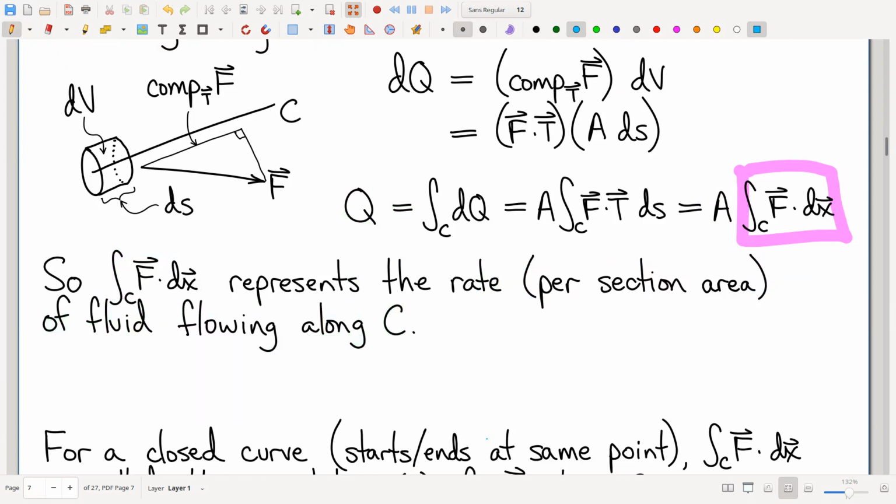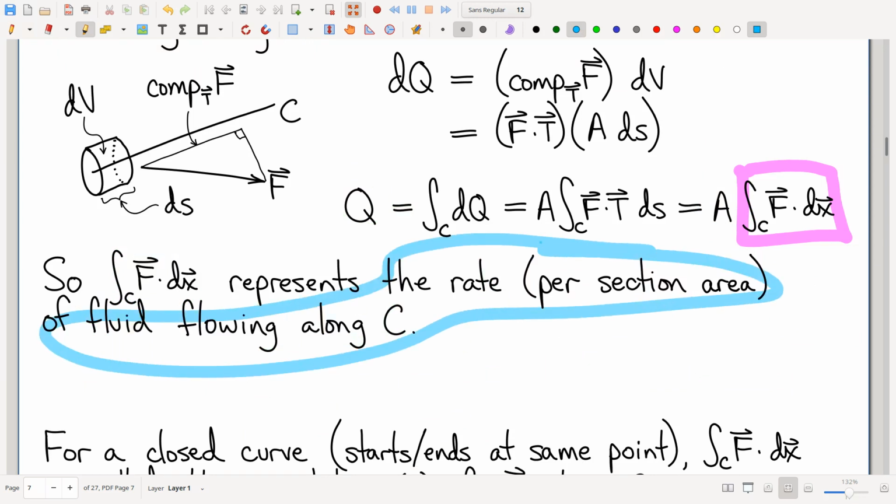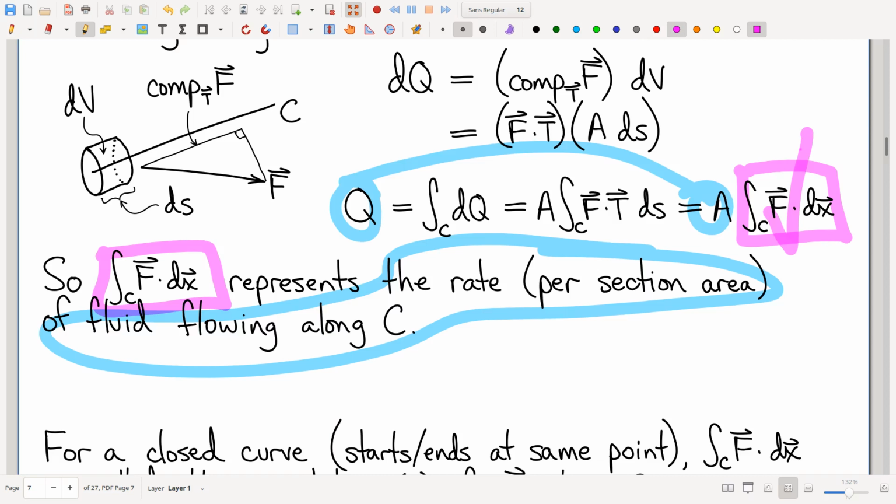We should instead be interested in flow rate per unit area. And flow rate per unit area is what this vector line integral ends up being the answer to. So really nice answer. This is ultimately the answer that we were looking for.